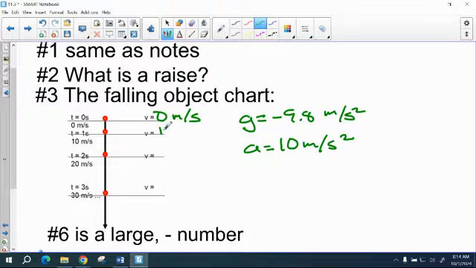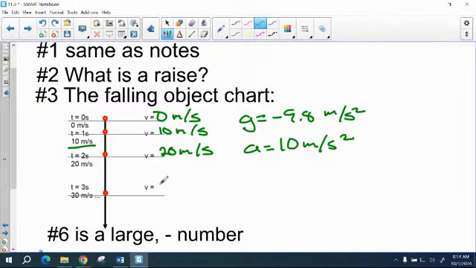So here, this would be 10 meters per second. This would be 10 meters per second, and it tells us right here. Over here, it's going to be 20 meters per second.